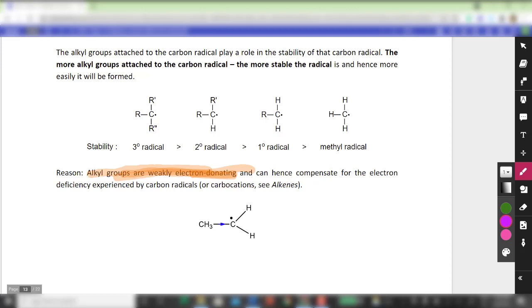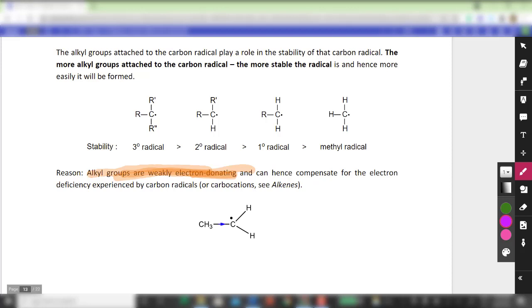Electron donating here simply means that it will donate part of its electron density, because at the highest level of appreciating chemistry, we are often looking at a delocalized model, where we look at a molecule as a whole electron cloud. So alkyl groups have that interesting tendency to donate a bit of their electron density to the electron deficient center.